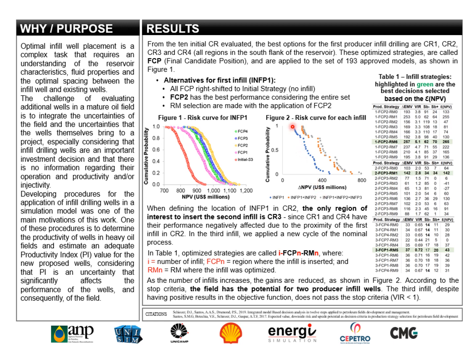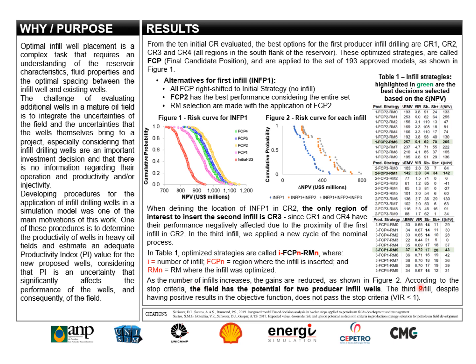And here we can see in the blue curve, the first infill drilling gave a very large increase in NPV. From the first to the second infill drilling, the second infill drilling, in orange, has a small increase, and the third infill drilling, in gray, was only slightly improved compared to the second one.